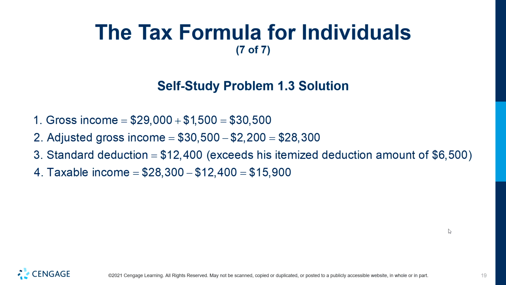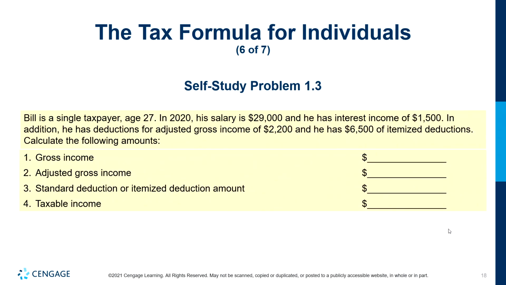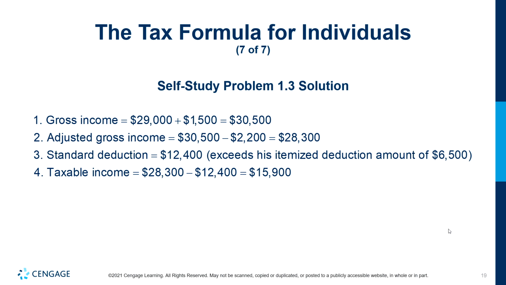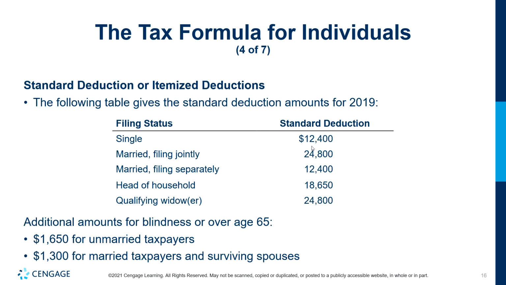Next, adjusted gross income. It tells us we have deductions for adjusted gross income of $2,200. So we need to subtract that from our gross income. That's where we got right here: subtracting gives $28,300. Now, going back to our standard deduction chart for 2020, single gets $12,400.